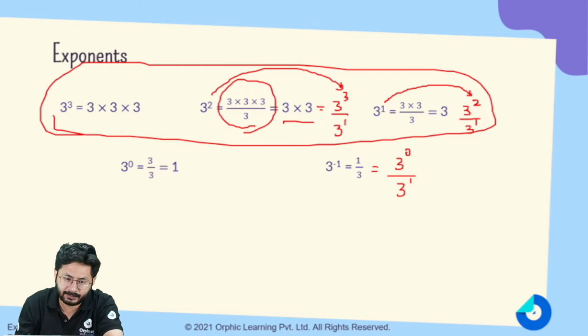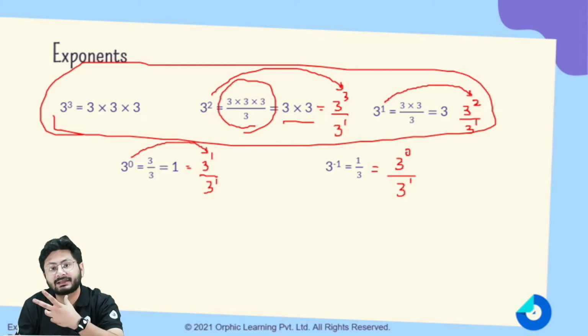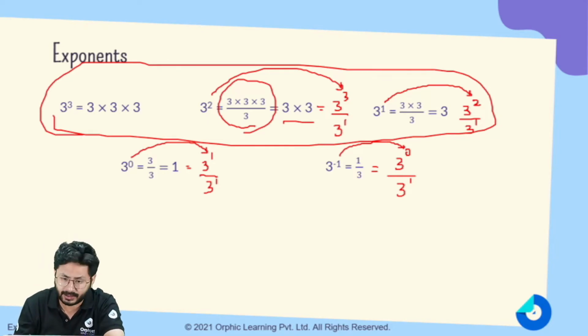Similarly, 3 to the power 0 should be equal to 3 to the power 1 divided by 3 to the power 1, where we added one extra power to 0. And the same goes for 3 to the power minus 1: if I add one extra power to minus 1, I get 0. So 3 to the power minus 1 is equal to 3 to the power 0 divided by 3 to the power 1, which is equal to 1 by 3.